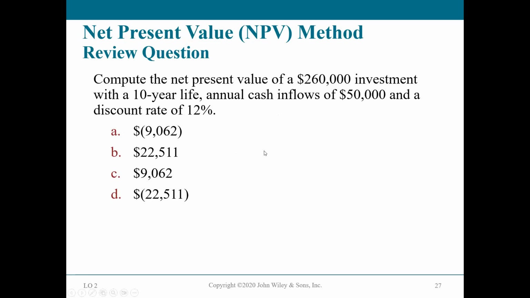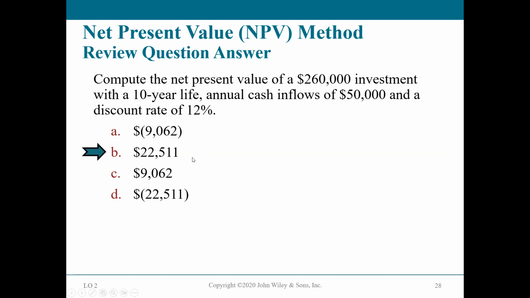So a little review question. Compute the net present value of a $260,000 investment with a 10-year life, annual cash flows of $50,000, and a discount rate of 12%. So you'd look up in your present value tables, 12%, 10 years. You have your multiplication factor, which I don't have written down.